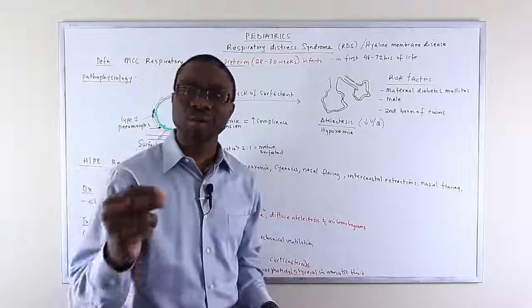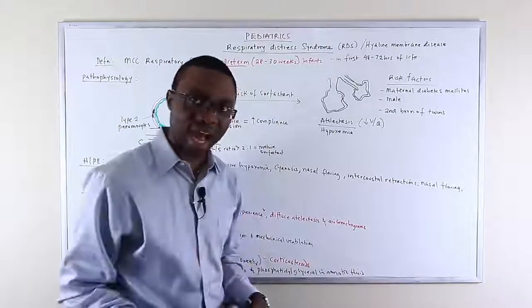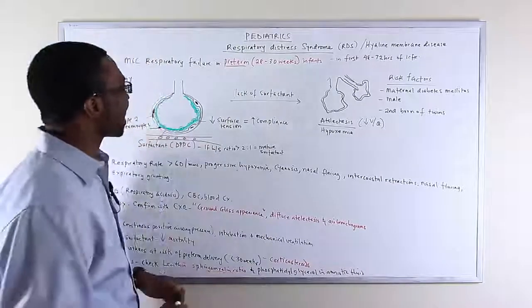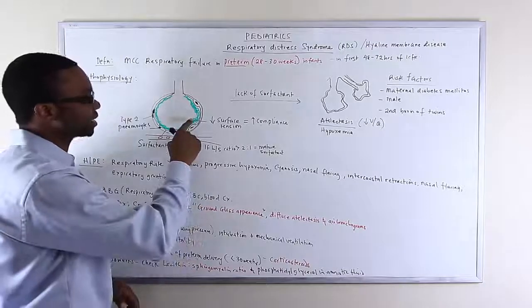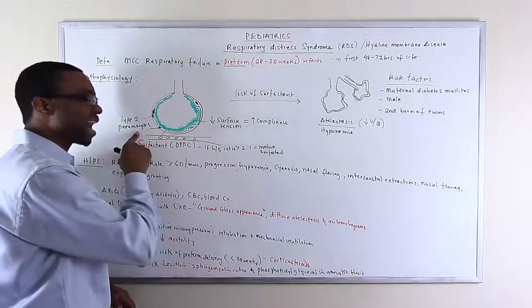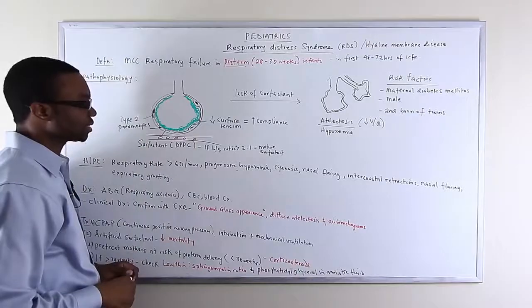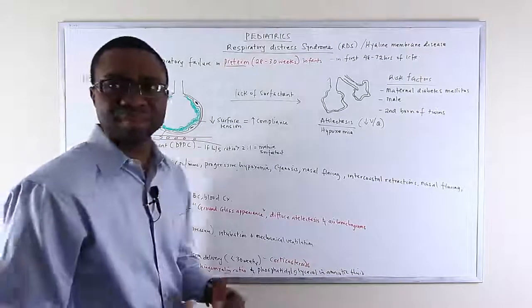Now, we've got to go over the pathophysiology because there's no way we're going to understand RDS without going over basic physiology. So normally inside the alveoli in the lungs, what do we have? We have surfactant, and it's made by the type 2 pneumocytes. Now, what is surfactant? What's the big deal about surfactant?